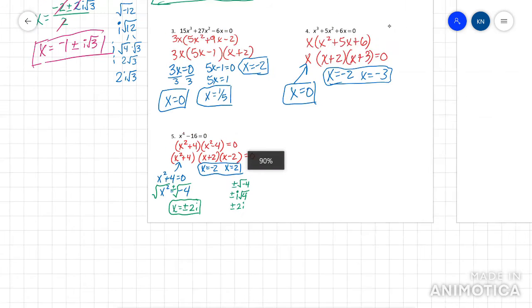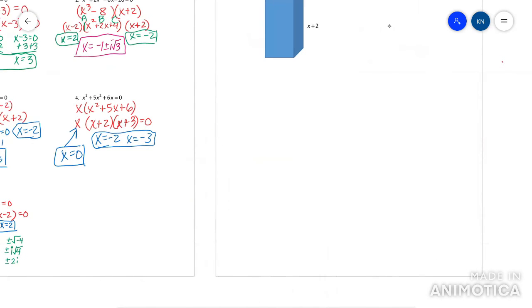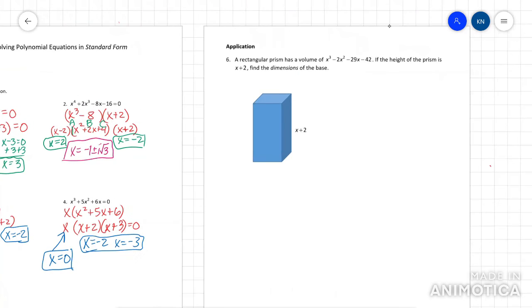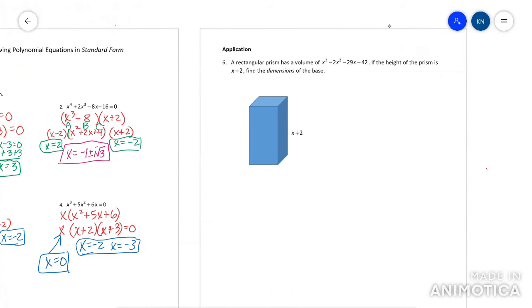Okay. Last problem. They're going to give you a volume of a prism, and they're going to give you the height, and they want to know the dimensions of the base. So the equation's volume equals length times width times height. So if you know volume and you know the height, you can divide this and get what the length times the width is.